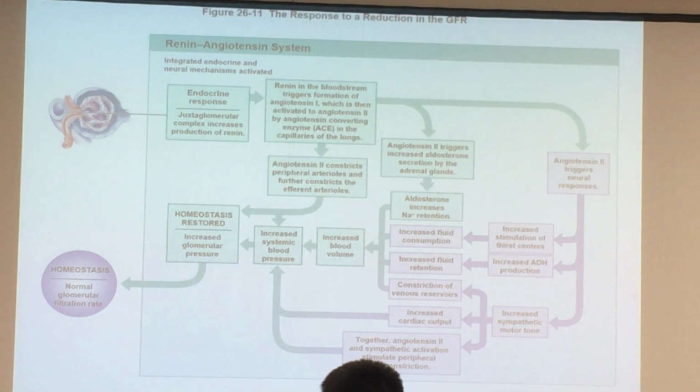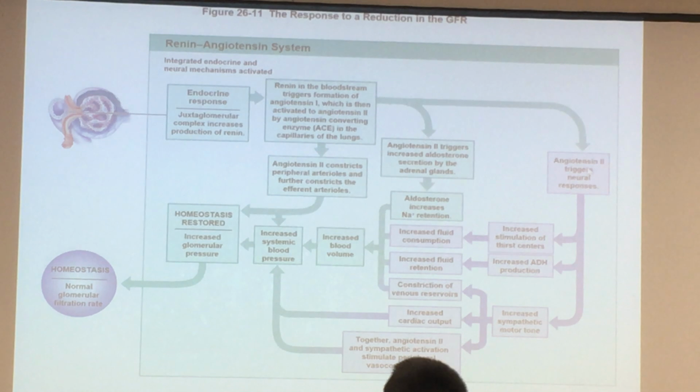Angiotensin 2 works on this aldosterone release. They're also working to control the peripheral arterioles, the arterial smooth muscle.